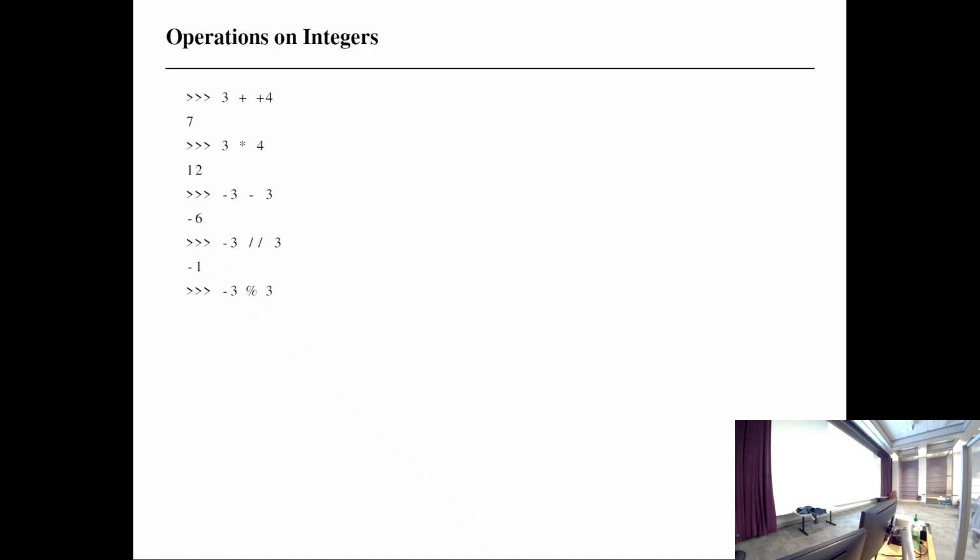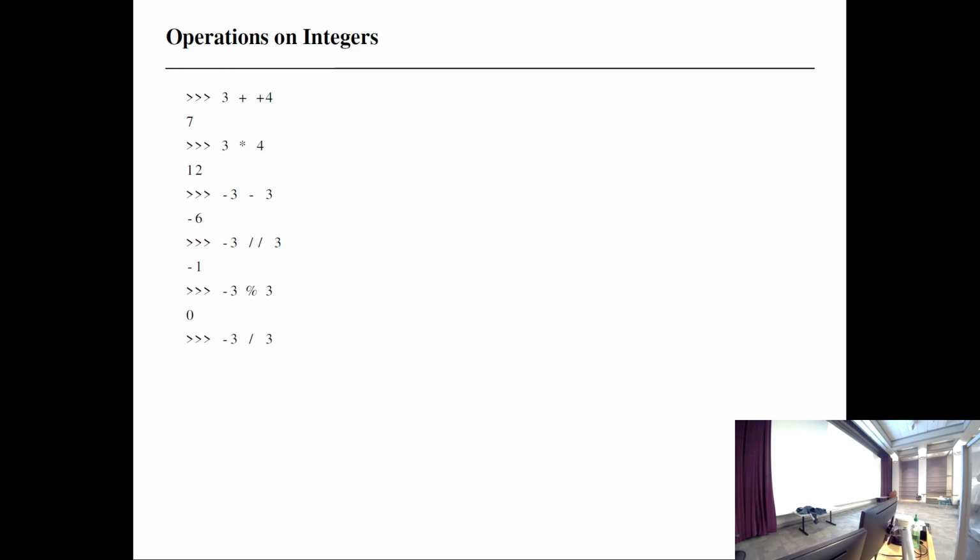The percent sign is the corresponding remainder operation for the integer divide. So minus 3 divided by 3, integer, is a minus 1, with a remainder of 0, because 3 divides minus 3 evenly. When I do integer division on integers, I not only get an integer back, but I can separately recover the remainder part of that division.